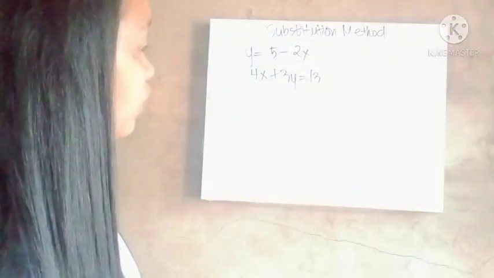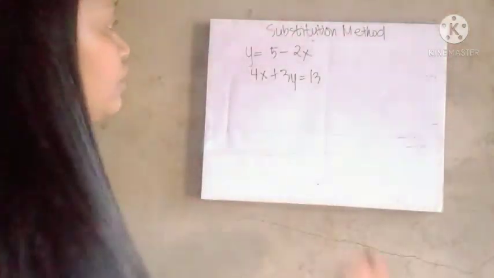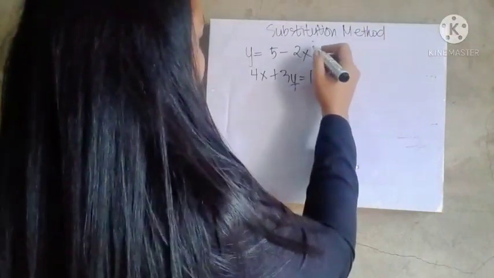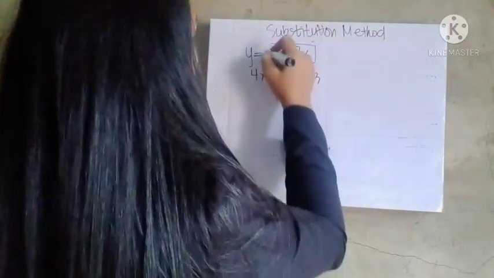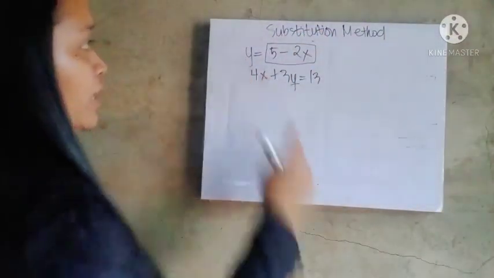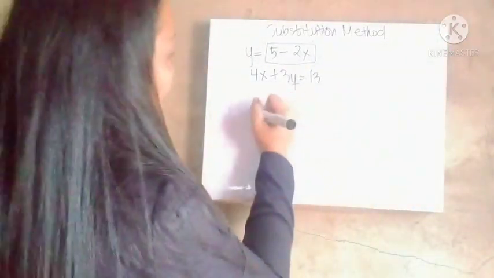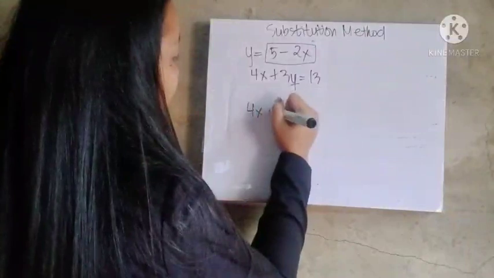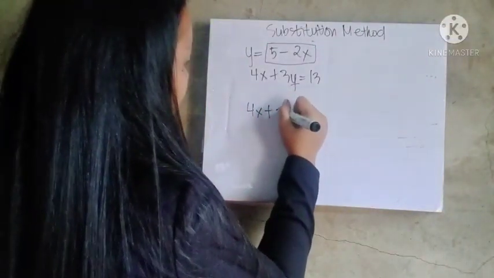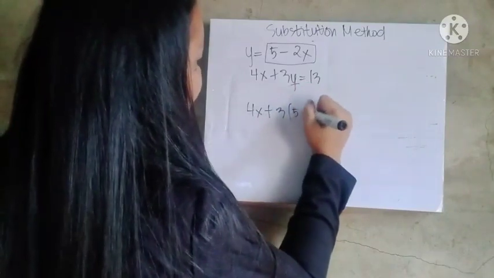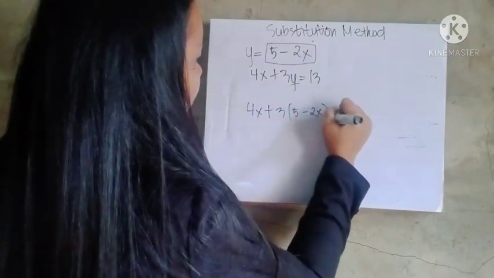Now what we're gonna do here is to replace y by this equation, since y is equal to 5 minus 2x. Now we have 4x plus 3, substitute y with 5 minus 2x.